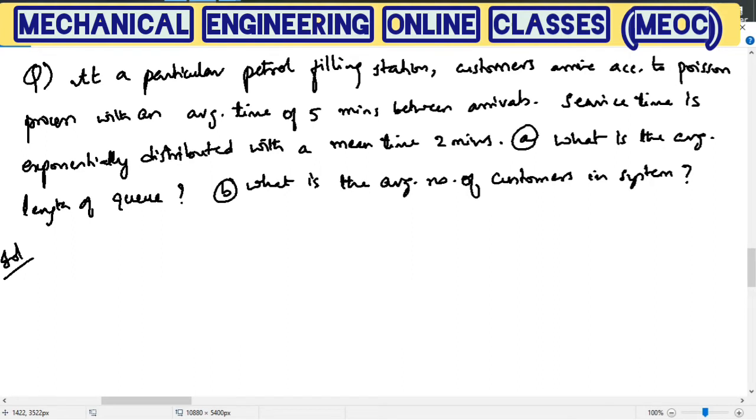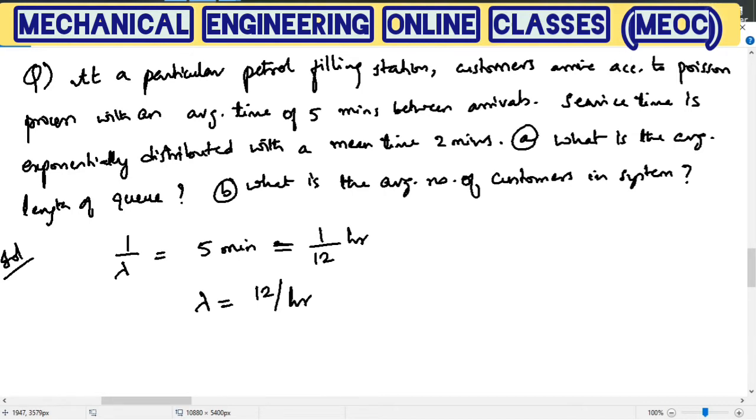So this is the question. Since it is given that the arrival is according to a Poisson process, the inter-arrival time will be 1 by lambda, which is given as 5 minutes. 5 minutes is 1/12 of an hour, so lambda is 12 per hour.